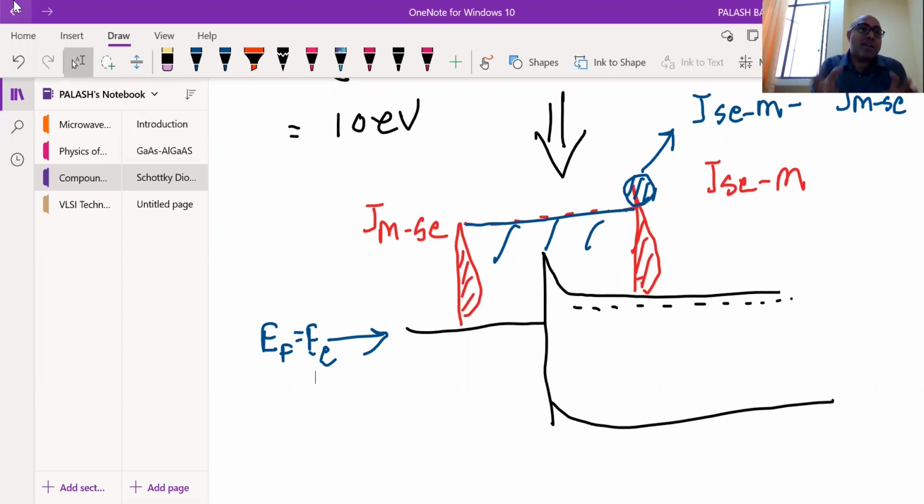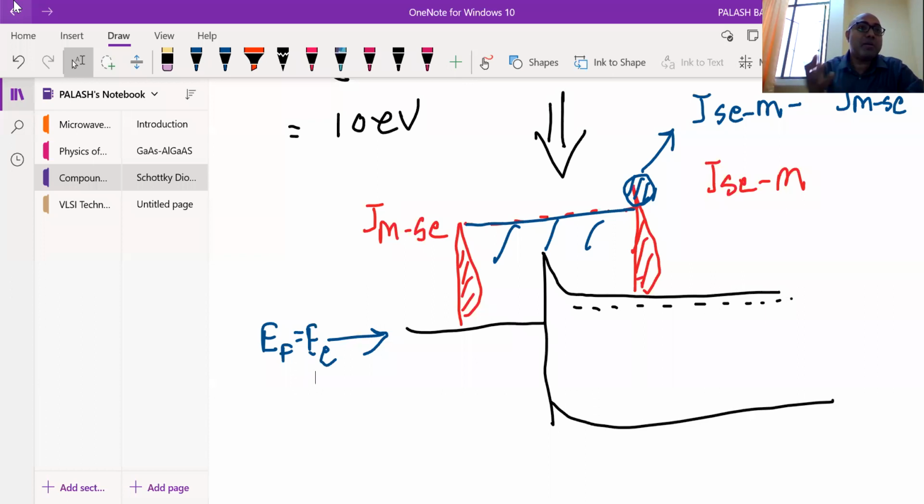But it is like adding a cup to a bucket. Say you have 1,000 atoms or 1,000 electrons and you are adding 2 more electrons to this bucket. It doesn't change anything. The metal already has plenty of electrons. Moreover, if you add some electrons from the semiconductor side, it doesn't mean that you are changing the EF level. The EF level won't change because it already has a lot of carriers.